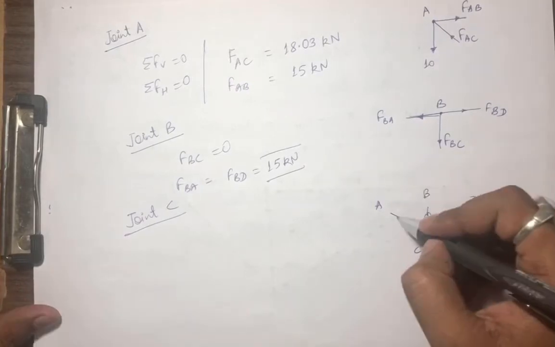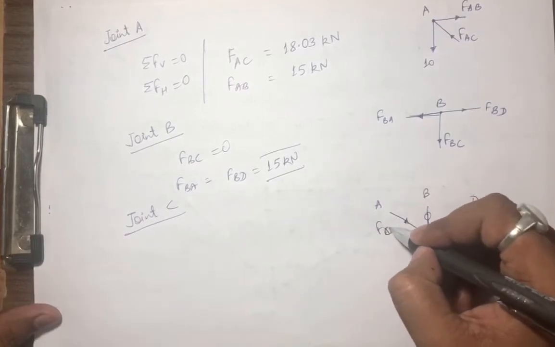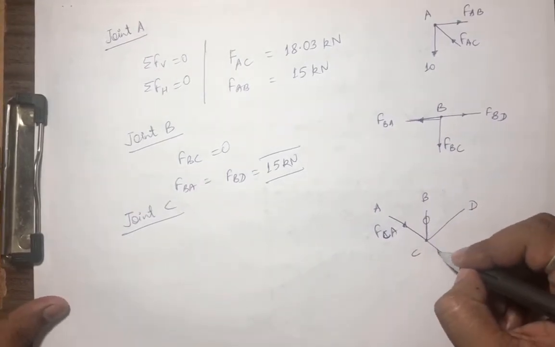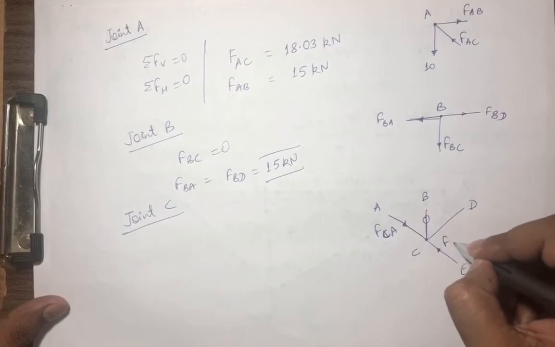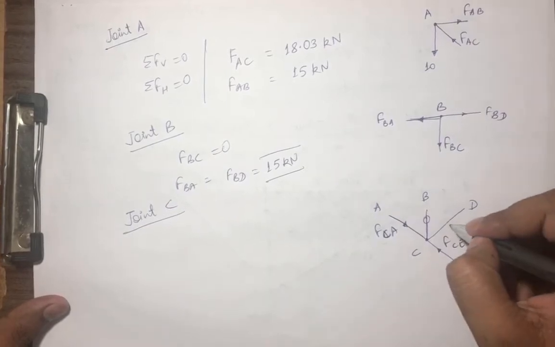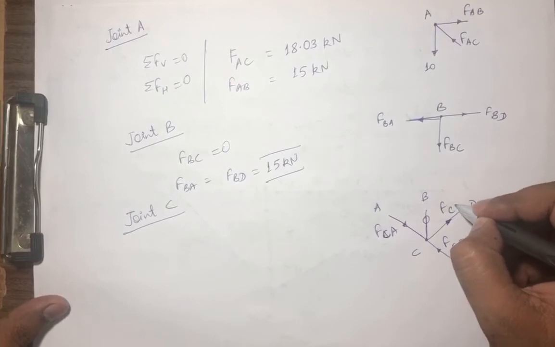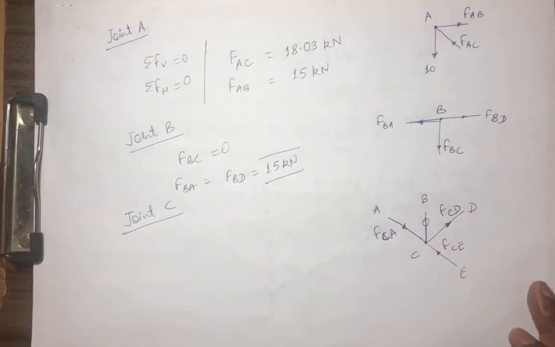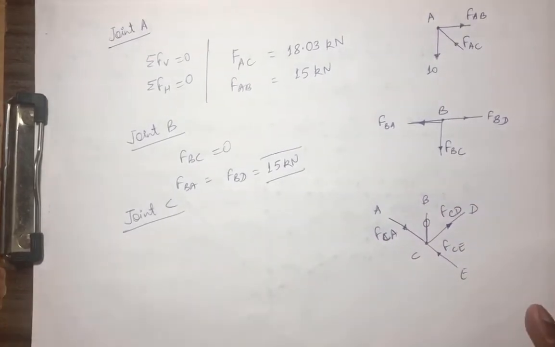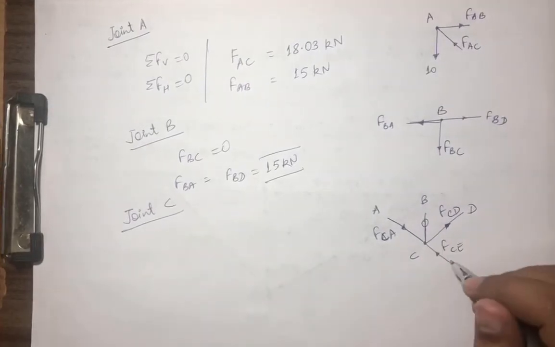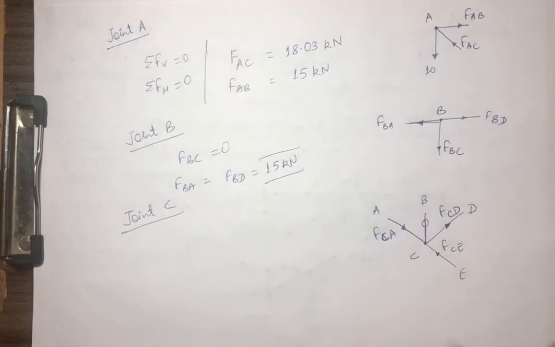So let us say this is force CA, this is force CE, and this is force CD. Clear?